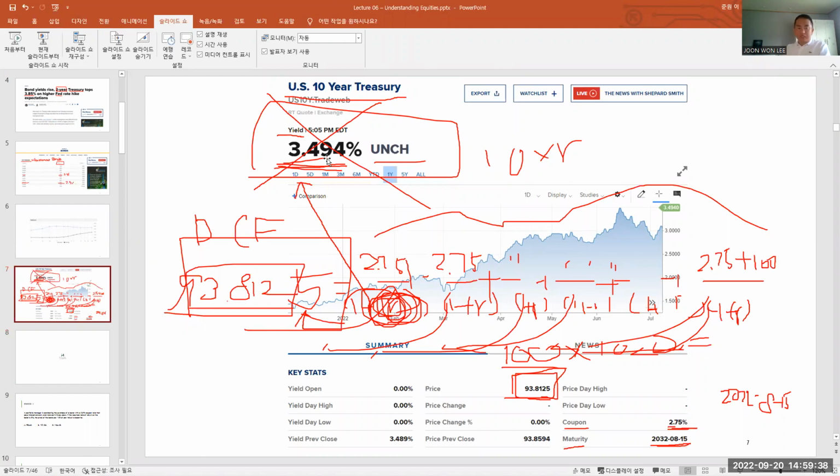So you guys get it? So simply speaking, yield to maturity is the rate of return when you make an investment in the bond, based on the market price of the bond.